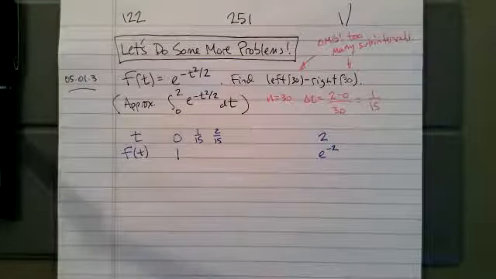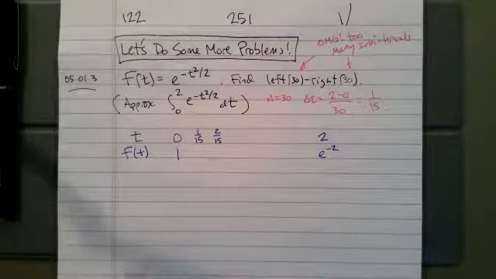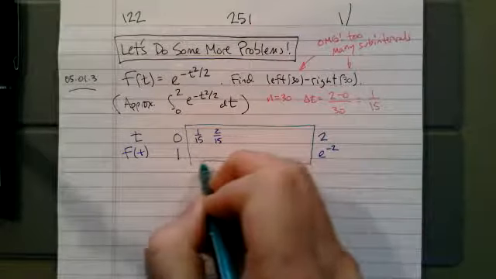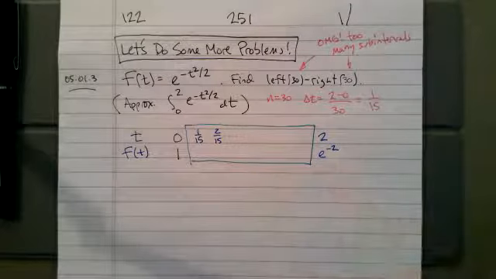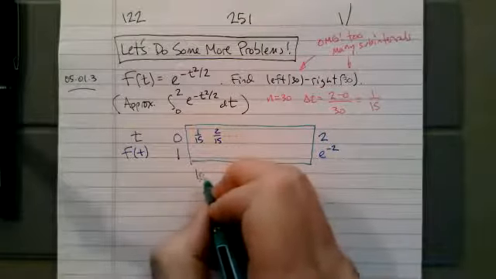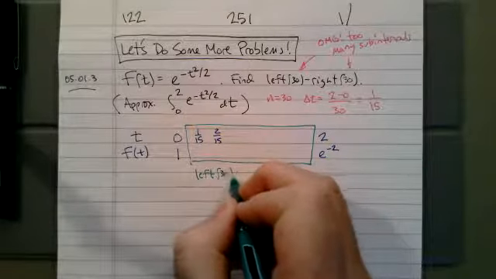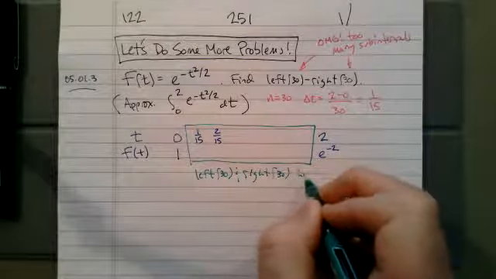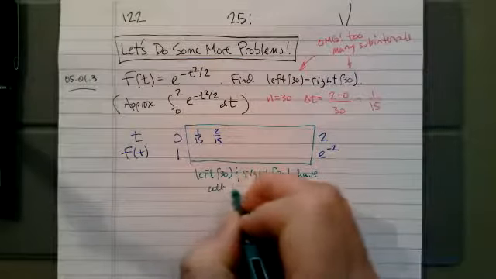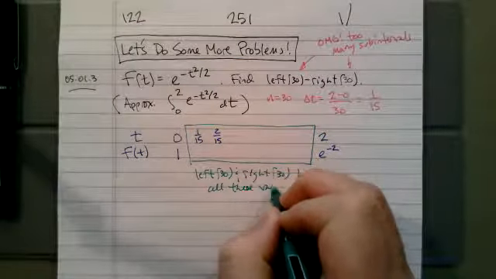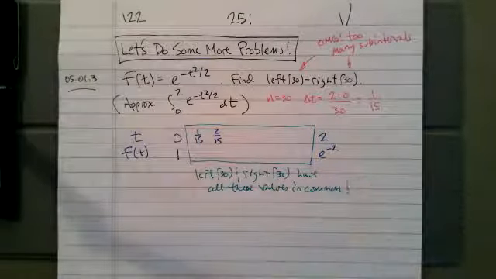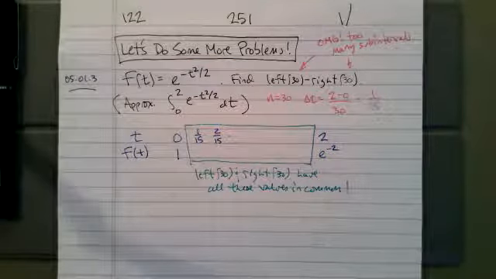The left approximation and the right approximation have all those middle values in common.